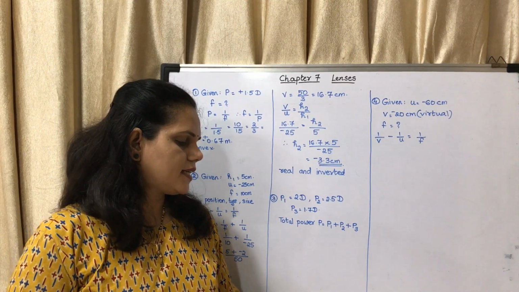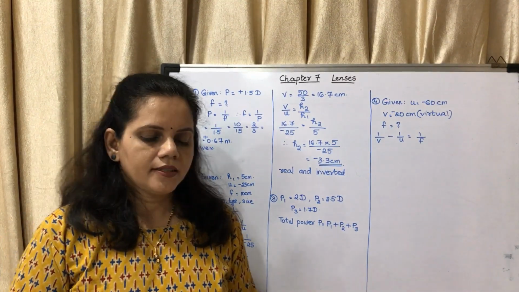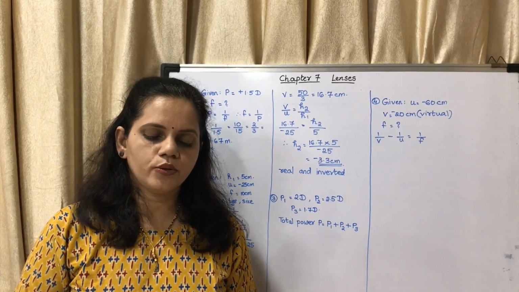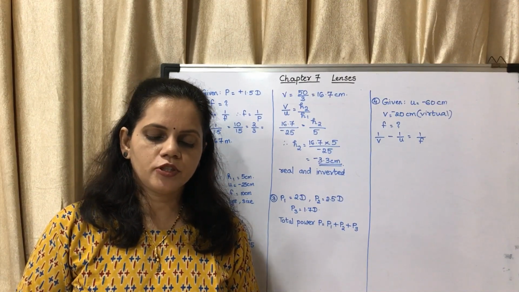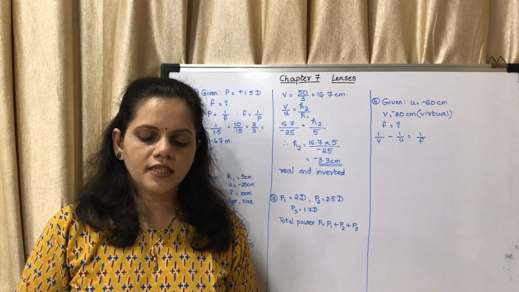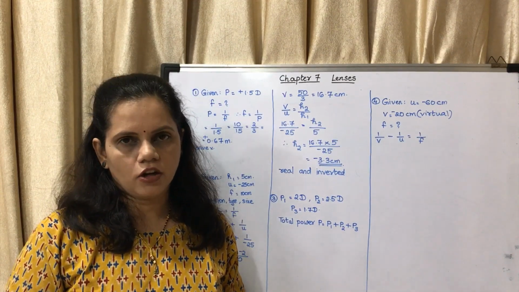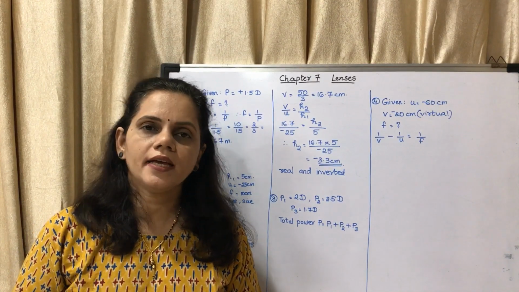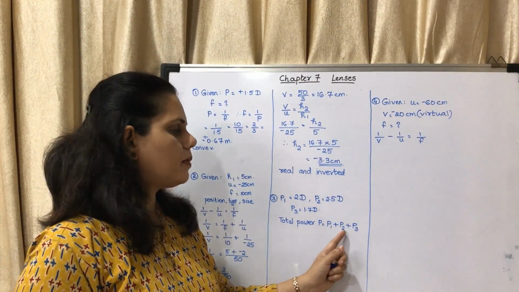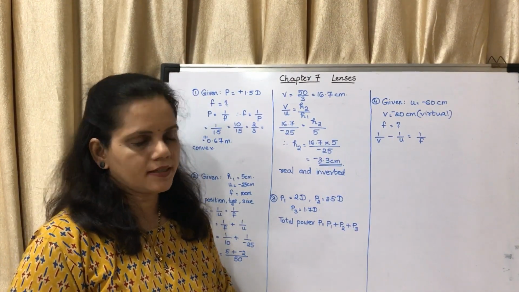Okay, now the next question. Three lenses having power 2, 2.5 and 1.7 D are kept touching in a row. What is the total power of the combination? Now we know the equation. Total power P is equal to P1 plus P2 plus P3.